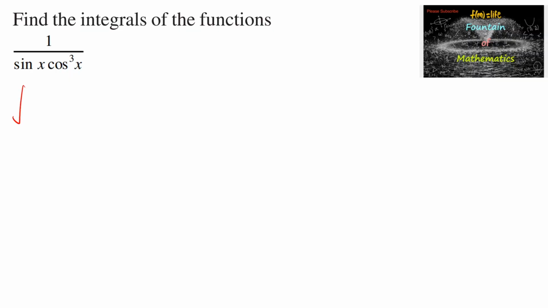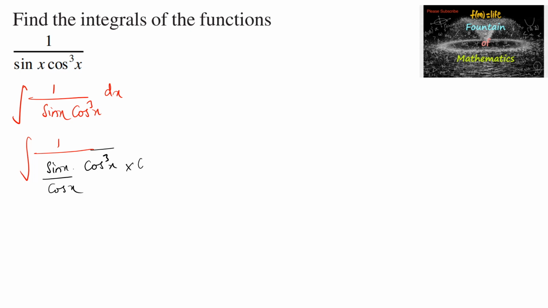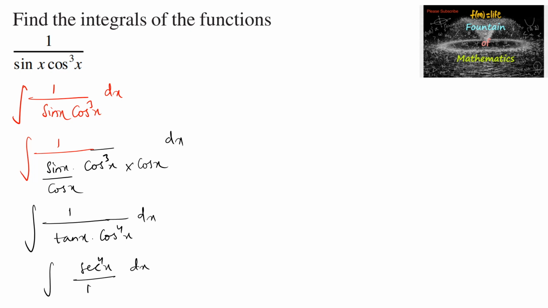Find the integral of the function 1 upon sin x into cos^3 x dx. So here we can write it as 1 upon sin x into cos^3 x. Let us multiply and divide with cos x here, so that we can write 1 upon tan x into cos^4 x dx, which can also be written as secant^4 x dx upon tan x.